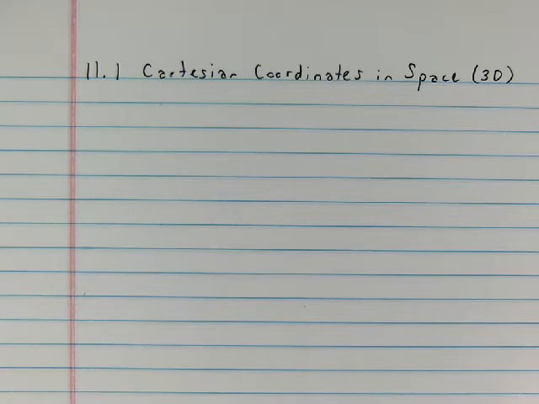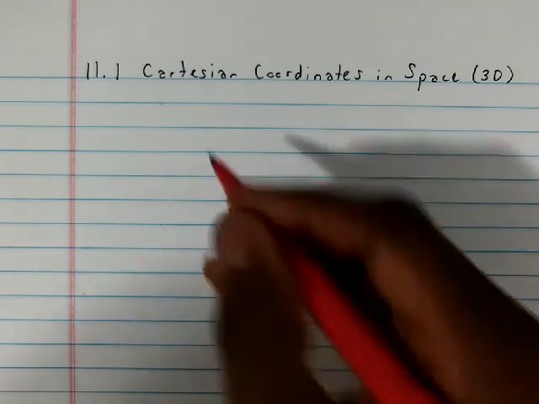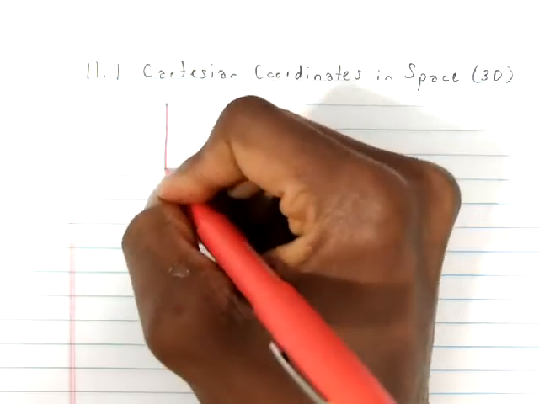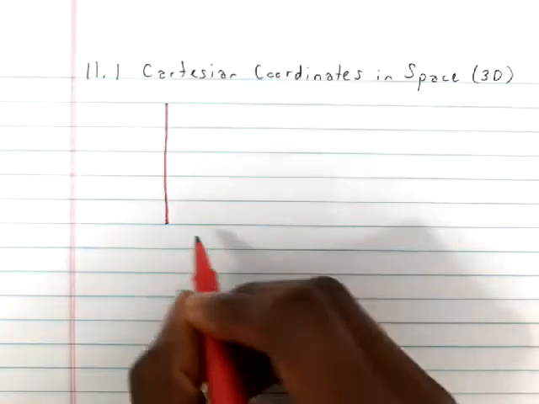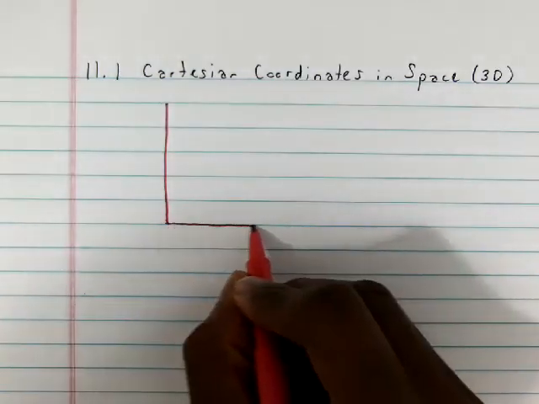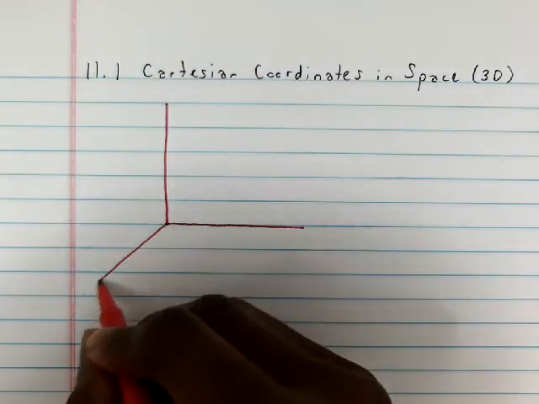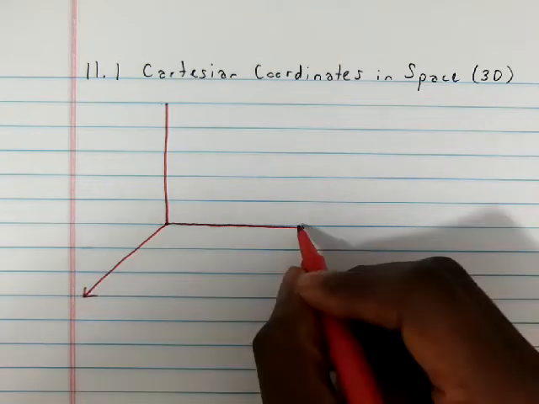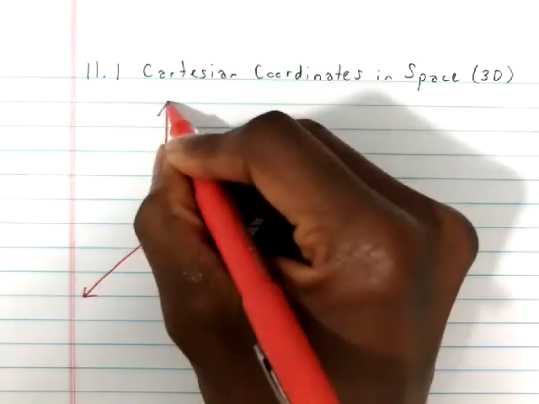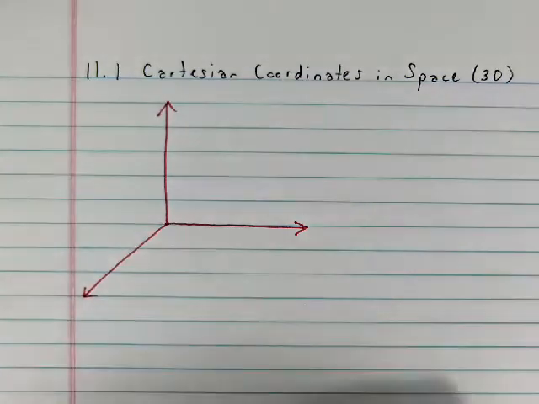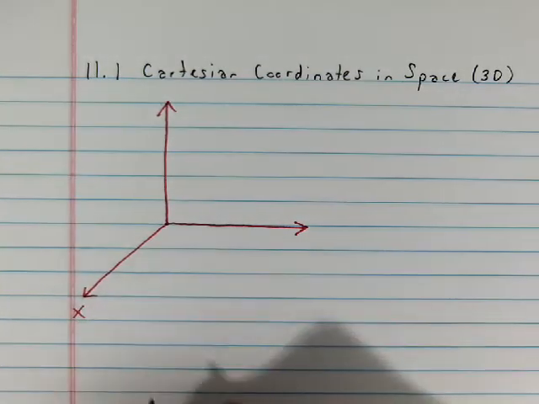So first let's just start off by making a set of coordinate axes in 3 dimensions. Our axes will look like this, and this will always be the x-axis.